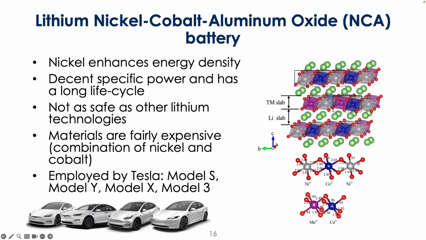The inclusion of nickel was used to enhance energy density. These have pretty good specific power and a pretty good life cycle, but generally speaking are less stable than other lithium technologies. And so thermal management of these tends to require a more robust management system.